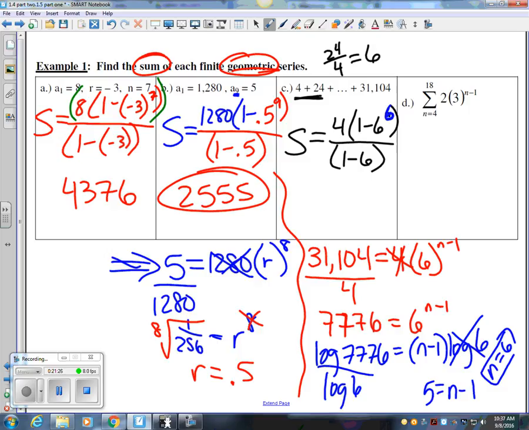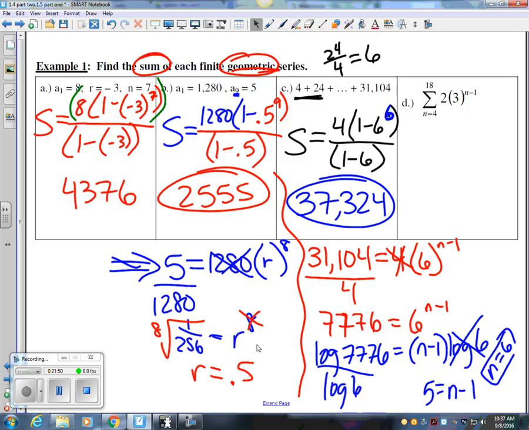You got to put parentheses around that part or it gives you the wrong answer. All right, what do we got? 37,324. Okay, good.